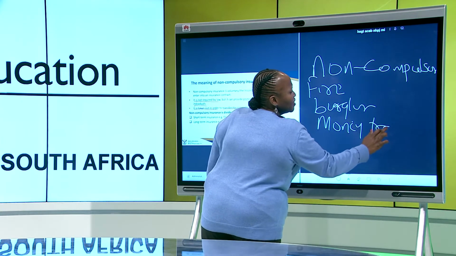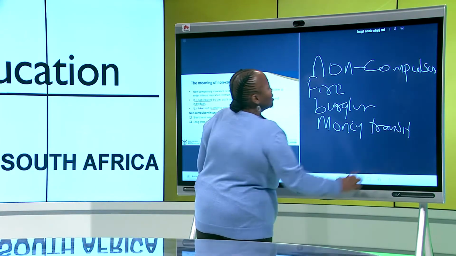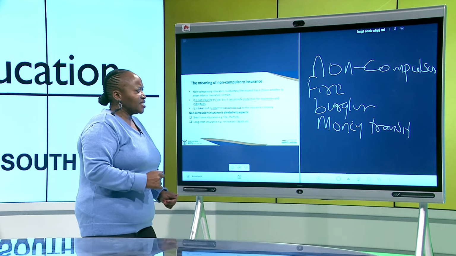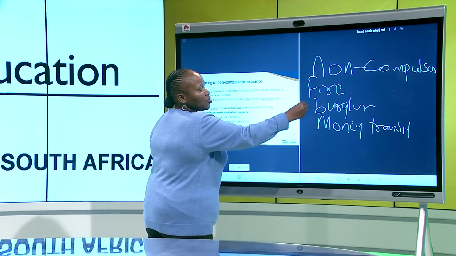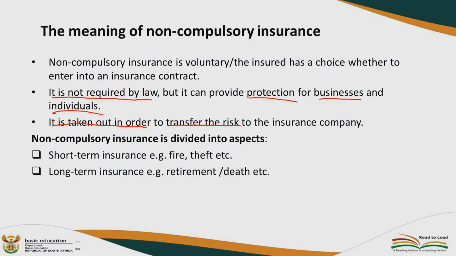If they're moving the money, there are different kinds of risk that pose a challenge to businesses. Therefore, this risk must be transferred to the insurance company. If it happens, then they can be indemnified. I'll explain the meaning of indemnify later on.